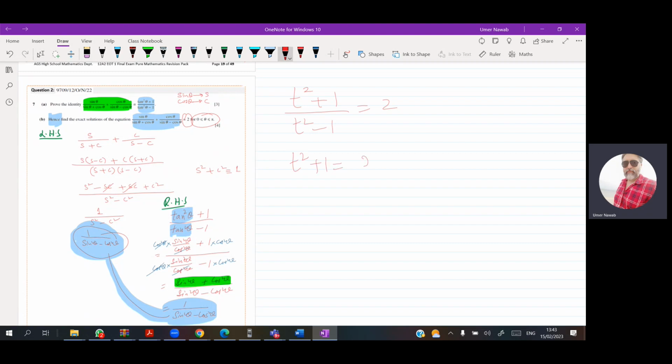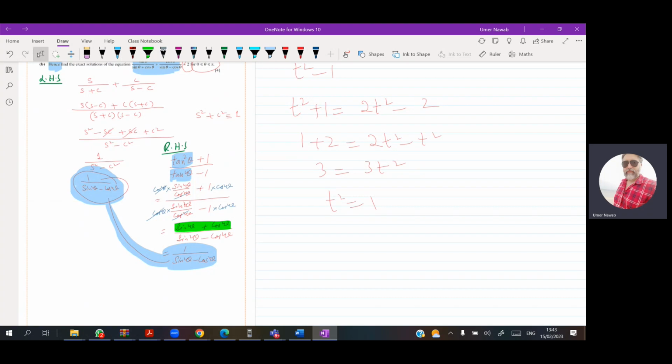T squared plus 1 is equal to 2t squared minus 2, and then 1 plus 2 is equal to 2t squared minus t squared. So 3 is equal to 3t squared, and t squared is equal to 1. Am I right? No, no. This is t squared equals 3, and then t is equal to plus minus square root of 3. So t is equal to square root of 3, and t is equal to minus square root of 3.